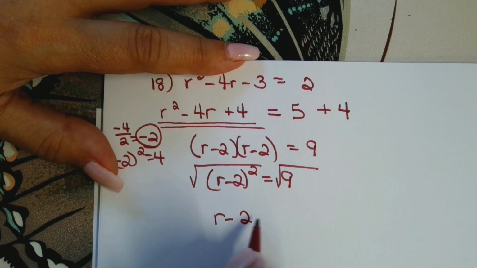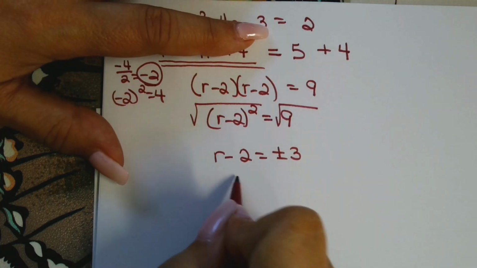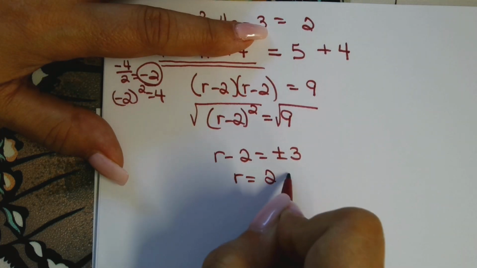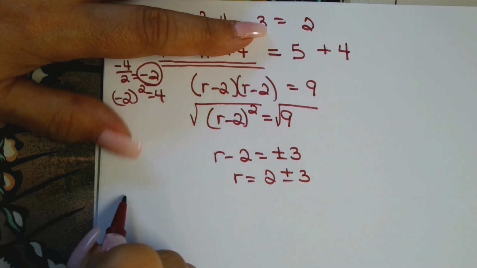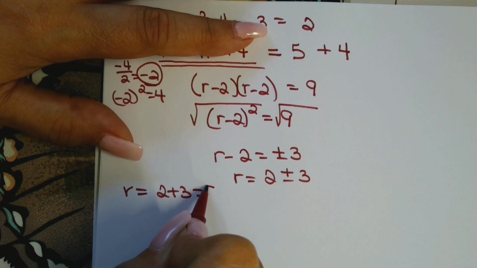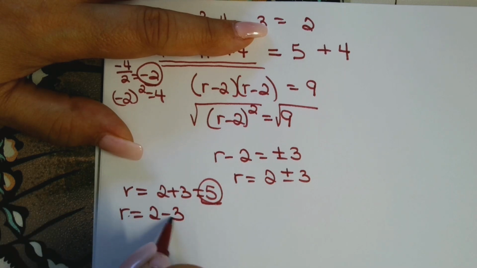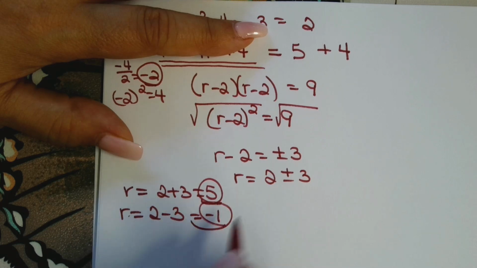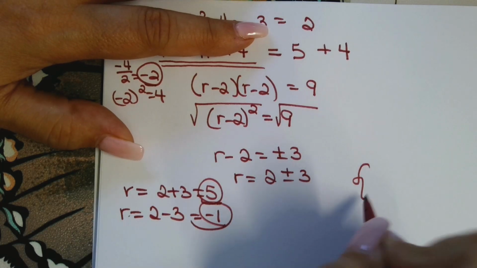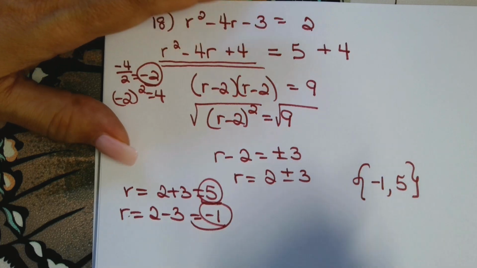R minus 2 equals plus or minus 3. R equals 2 plus or minus 3. So either R is 2 plus 3, which is 5, or R is 2 minus 3, which is negative 1. And my solution set will be negative 1, 5.